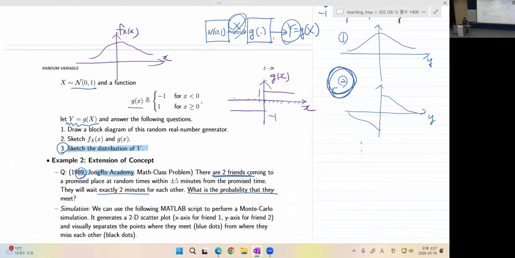And he just said, okay, let me think in 2 dimensions. And let's suppose the origin is the promised time. And this X is one person's arriving time and Y is the other person's arriving time. He said X arrives plus minus 5 minutes from the promised time, and Y arrives plus minus 5 minutes. What does that mean? Here goes the shocking part. He really put dots there.